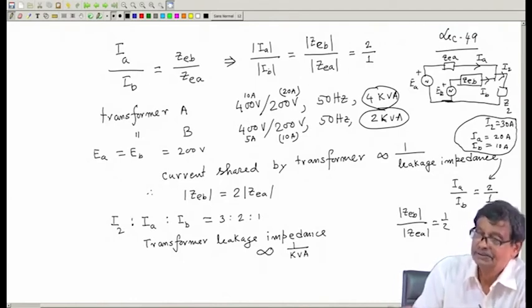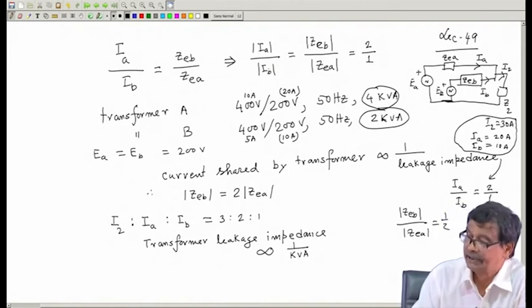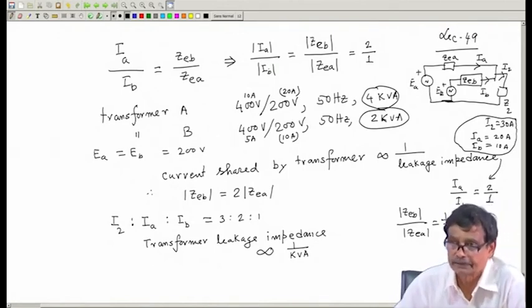Then only you get this nice division of load currents.